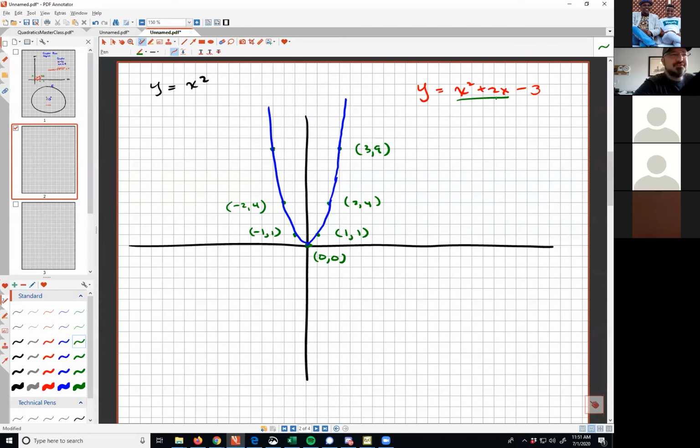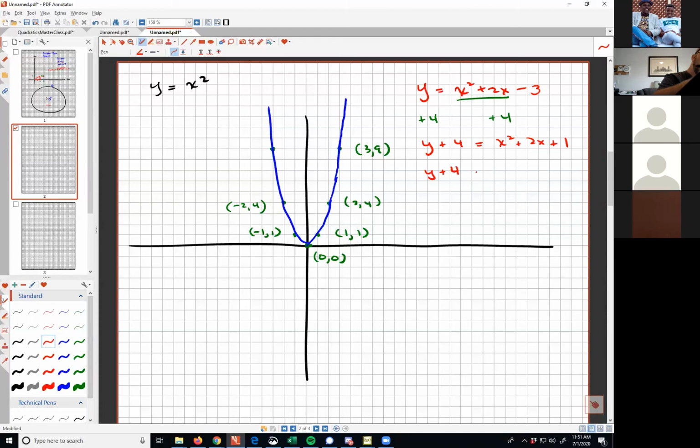Oh, we were doing this just fine earlier. Isn't it 1? We want a plus 1 on the right-hand side. So we add 4. So we have y plus 4 equals x squared plus 2x plus 1.